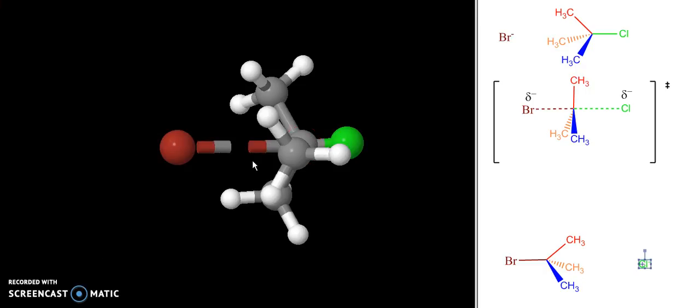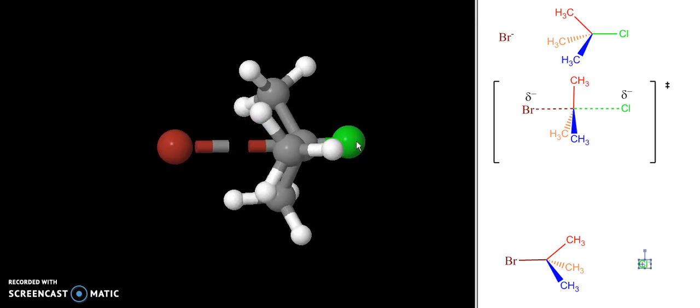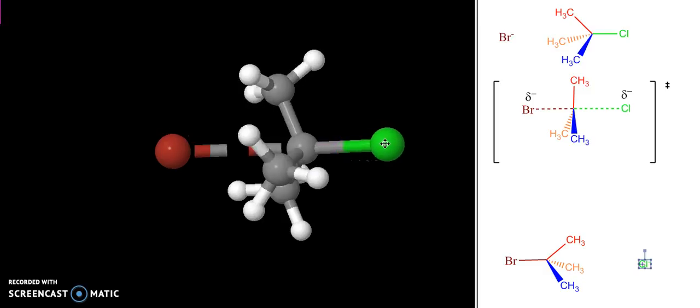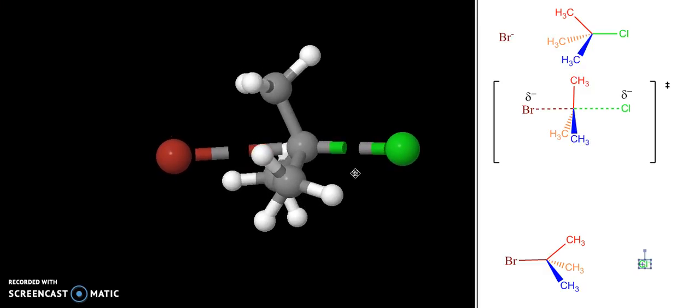So there's my bond starting to form with that bromine, and at the same time the chlorine starts to elongate and break. So here's my chlorine-carbon bond elongating, and finally it's no longer a full bond, and there's my bond for chloride breaking, and now these groups start to move to be coplanar with one another.